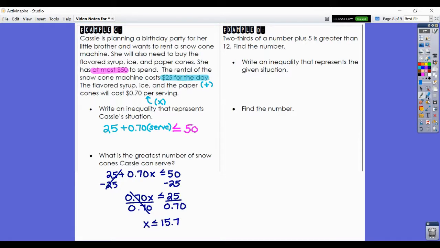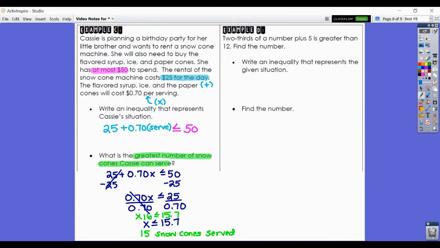And now to answer the final question here, we want the greatest number of snow cones Casey can serve. Well, it has to be less than or equal to 15.7. So I have to go down to 15 snow cones served. Because if I go up to 16, 16 is not less than or equal to 15.7.